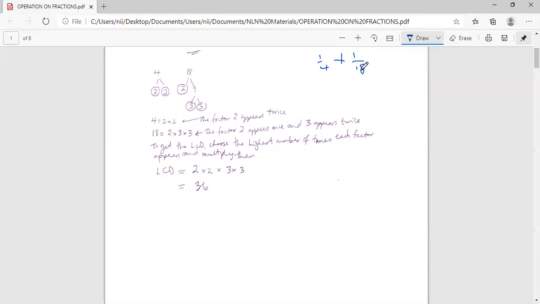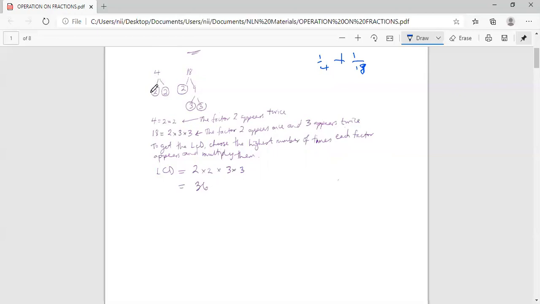So something like this in the denominator. Okay. What do I do? Again, I'm going to break down 4 and 18 using the prime factorization approach, right? The tree diagram, the factor tree.